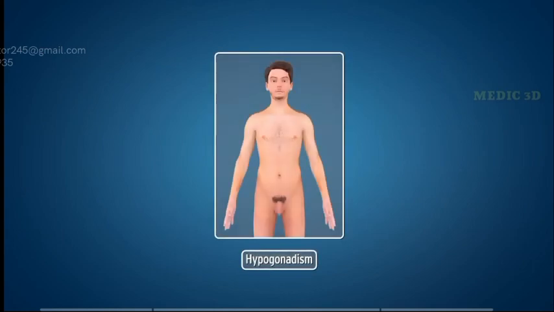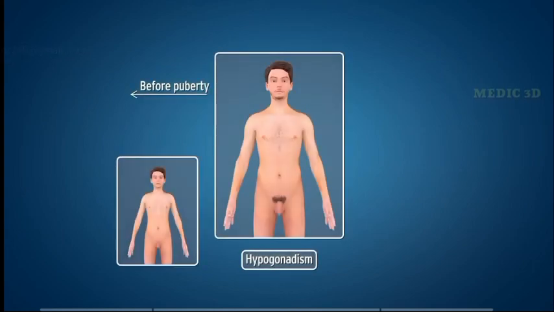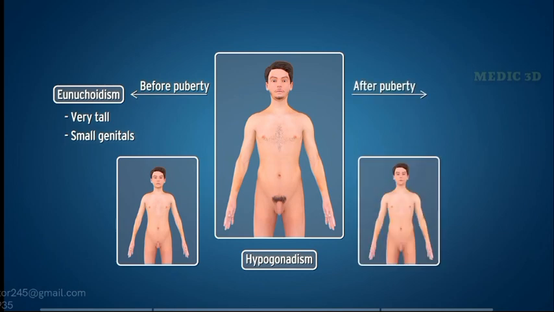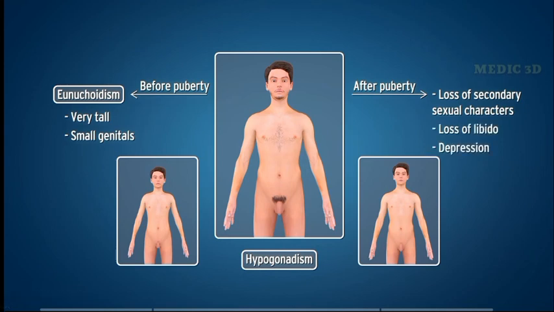If hypogonadism prevails before puberty, then the condition is called eunuchoidism, and these individuals appear very tall and thin, with small genitals. If hypogonadism occurs after puberty, then there is loss of secondary sexual characters, loss of libido, and depression.